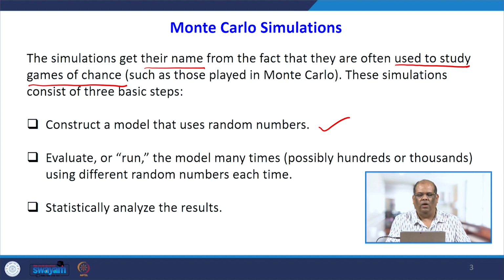Then you run that model many times using different sets of random numbers, and once you get those results, you statistically analyze them. Whatever problem we take, we will follow these three basic steps of Monte Carlo simulations.